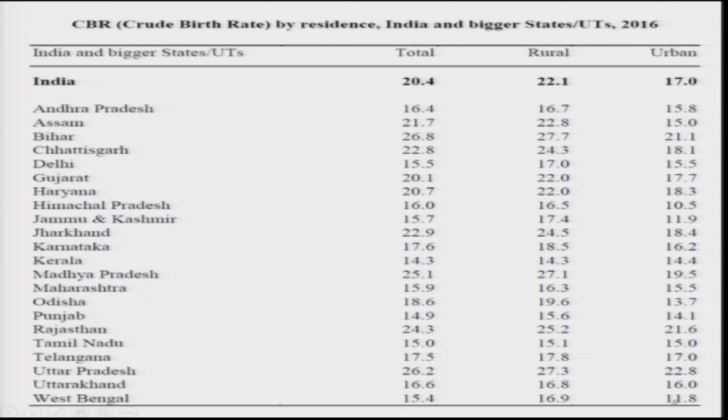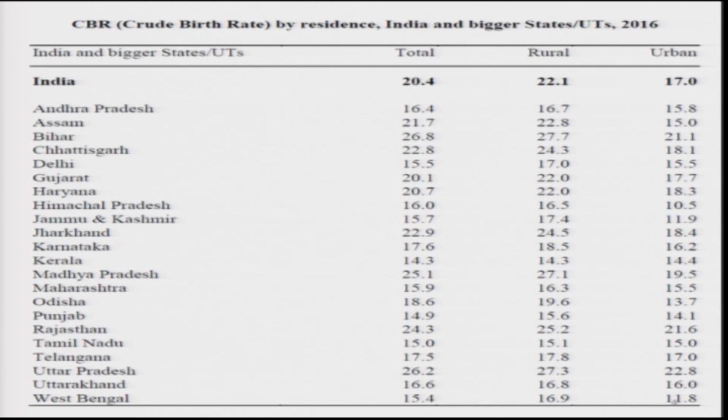Some of the states where crude birth rate is low are Kerala, then Punjab and West Bengal. In Kerala, on the population of 1000 in 2016, only 14.3 children were born.